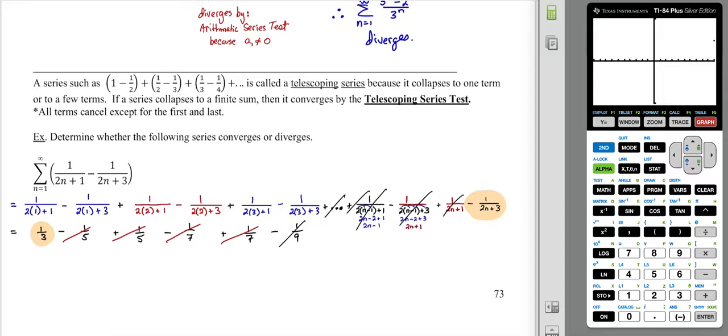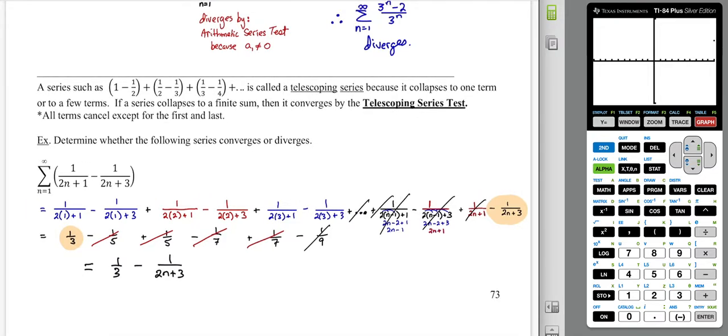So it's really a matter of saying that this whole thing simplifies down, when we bring it down to the end of the line, to 1/3 minus 1 over 2n plus 3. An avenue that we can follow to determine what the actual sum is of this series.